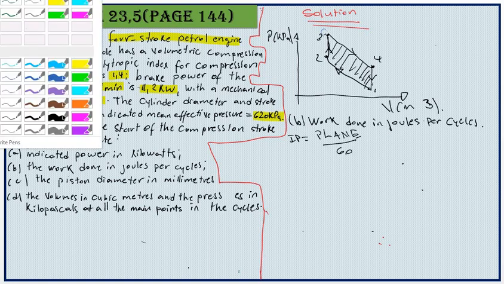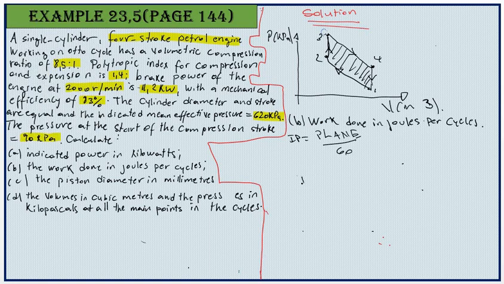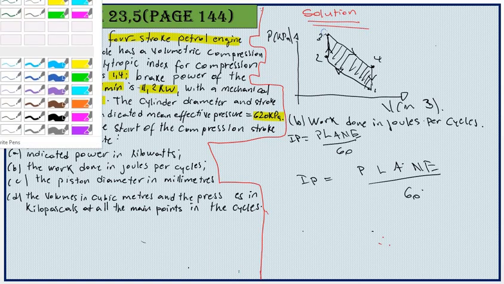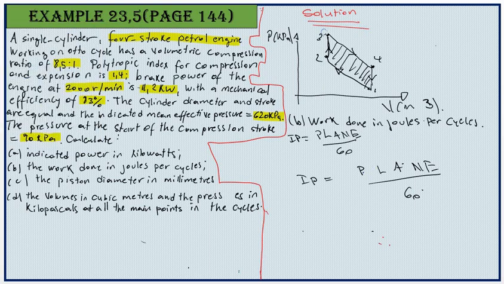If I write this formula again, I have indicated power, which is given by P L A N E divided by 60. In this relation, the work done can be seen here.